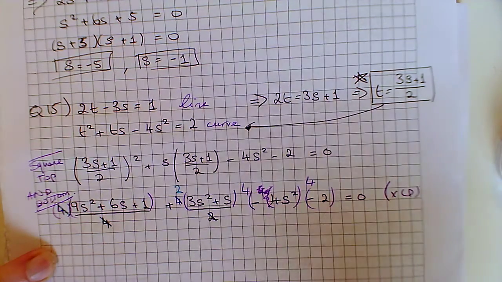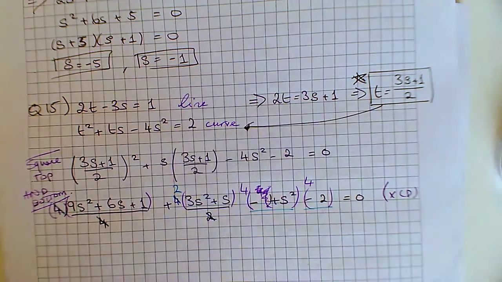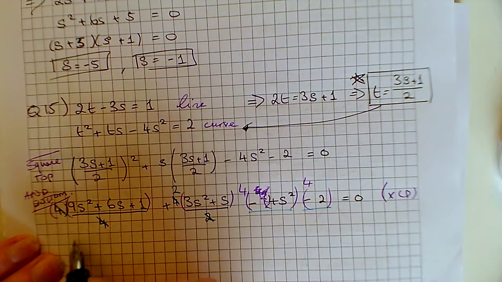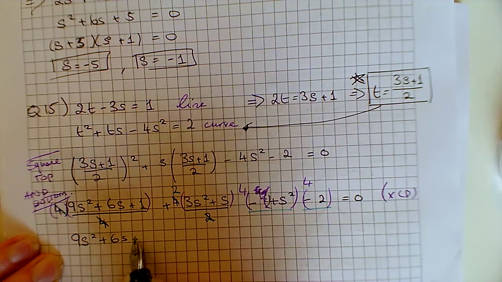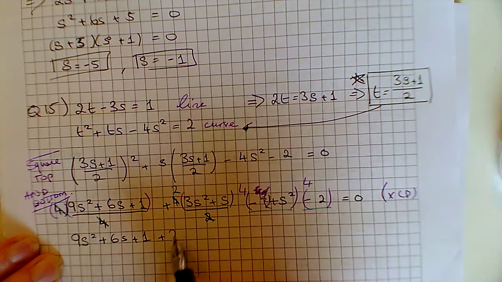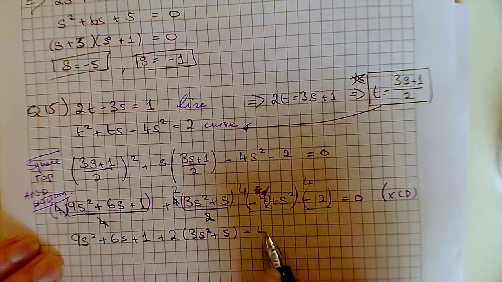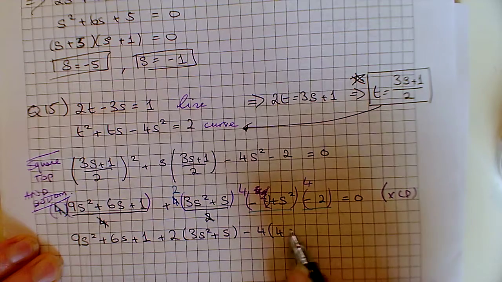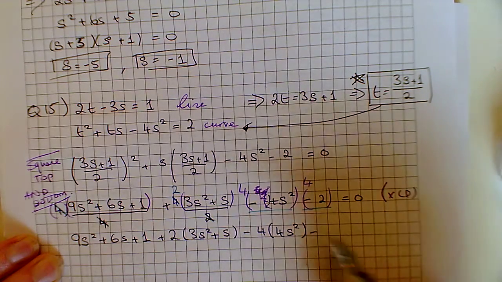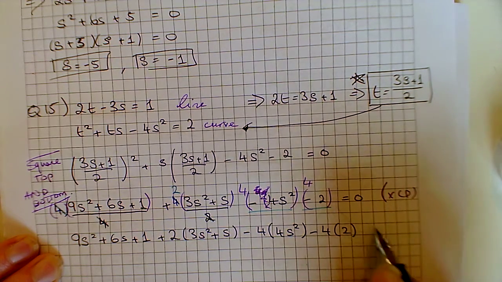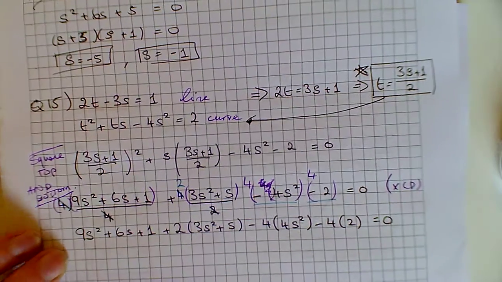It divides in twice there. It can't divide in here because I have nothing under the line to divide in. And this gives me 9s squared plus 6s plus 1 plus 2 bracket 3s squared plus s, minus 4 by 4s squared, minus 4 by 2 equal to 0.